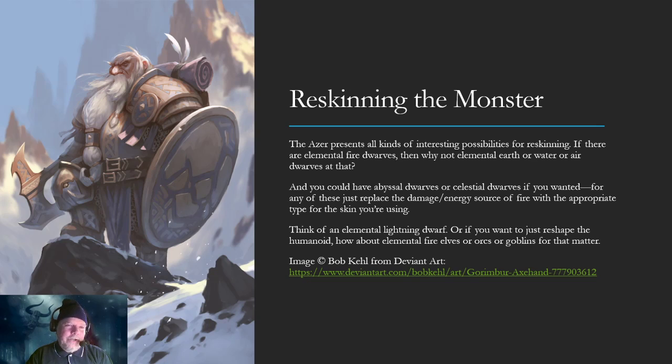So you could just reskin them as elemental fire elves, or elemental fire orcs, or elemental fire whatever, and take the warhammer and replace it with something else, and take the lore about the craftsman and replace that with something else, and voila, now you have an elemental fire elf, an elf with flaming ears and flaming hair and flaming eyebrows. Whatever.